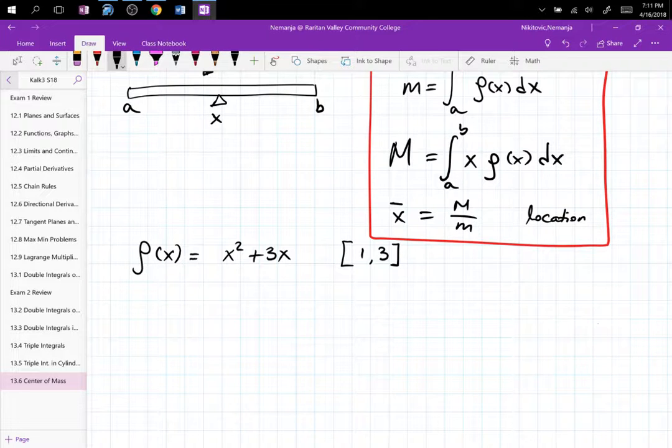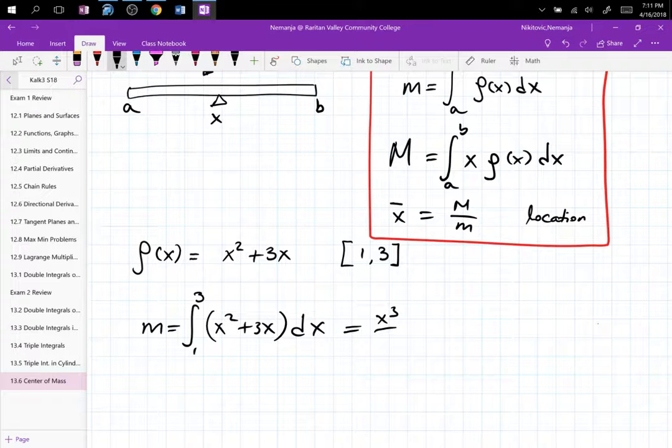in the formula. So the mass is going to be the integral from 1 to 3 of (x squared plus 3x) dx, and when you compute this you get x cubed over 3 plus 3x squared over 2 from 1 to 3, and that's going to give you a number.